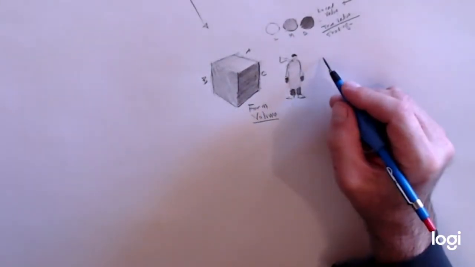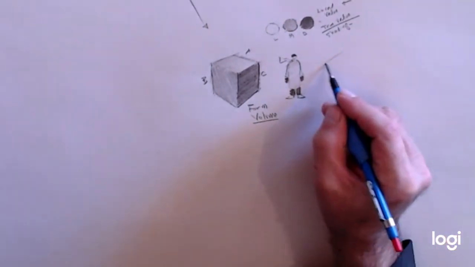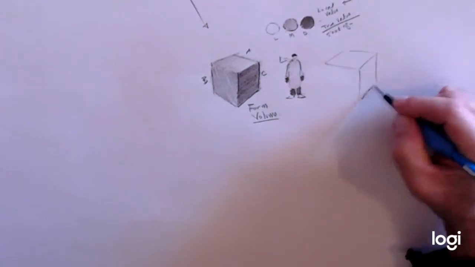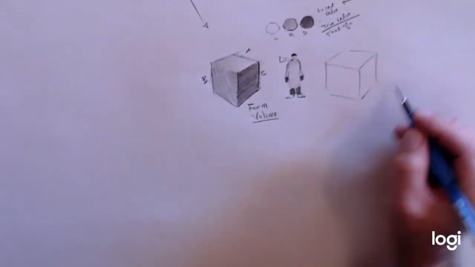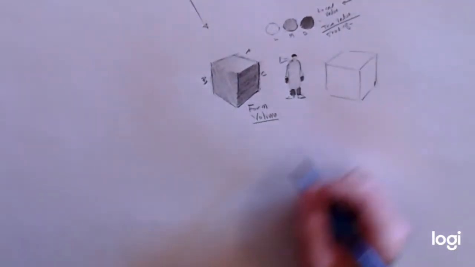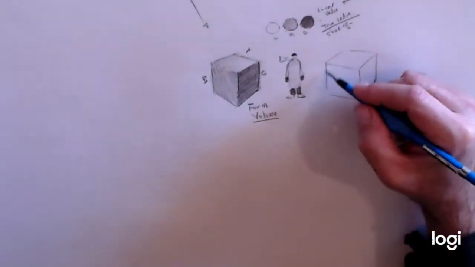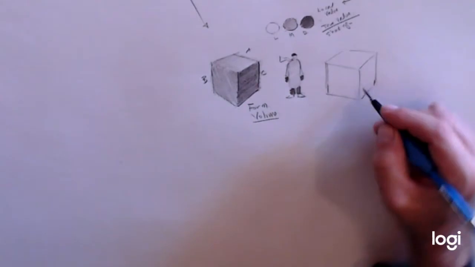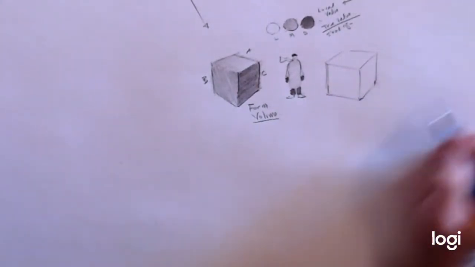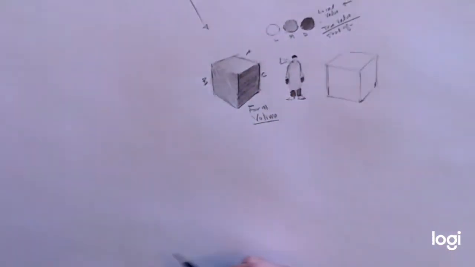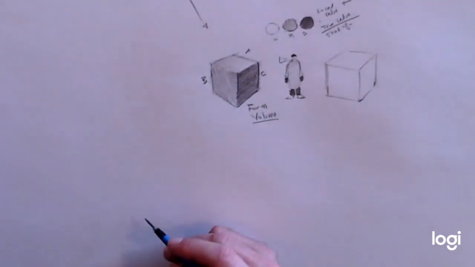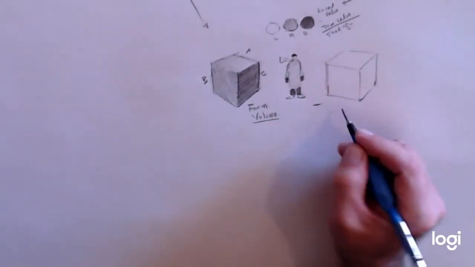So let's say that we have a cube, but this cube has a light value. So in order to shade this cube, how do we start to determine how dark or light to make the values? And here's a way.